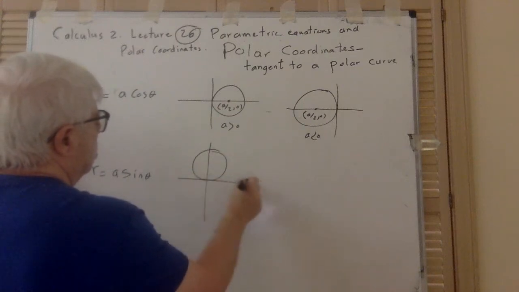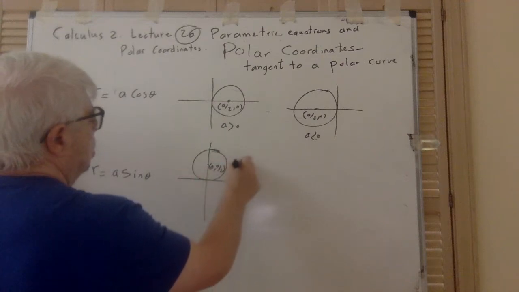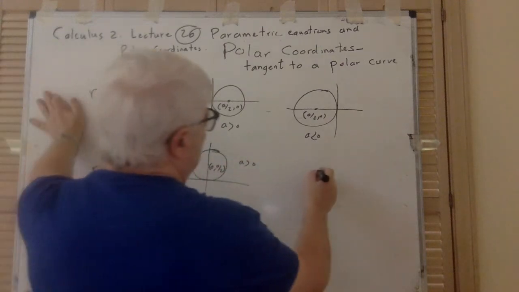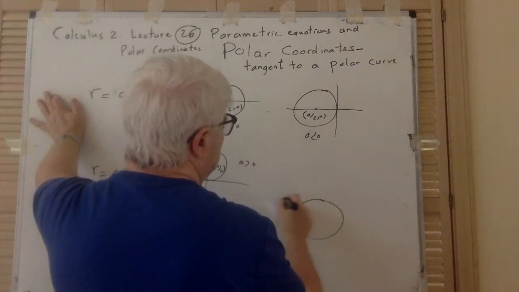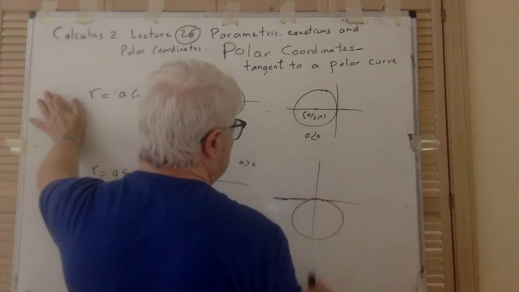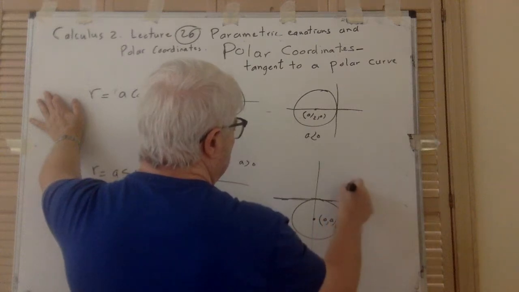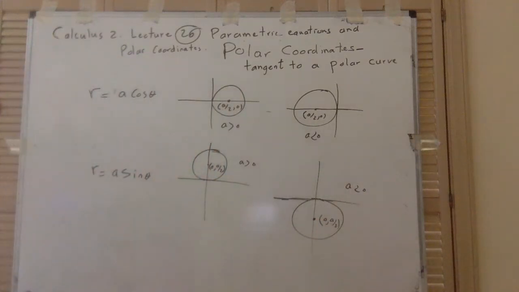It is at the point (0, a over 2) when a is positive, and it is below the x-axis, at (0, a over 2) when a is negative. So the four circles are tangent to either the x or y-axis. Cosine is to the right and left, and sine is up and down.